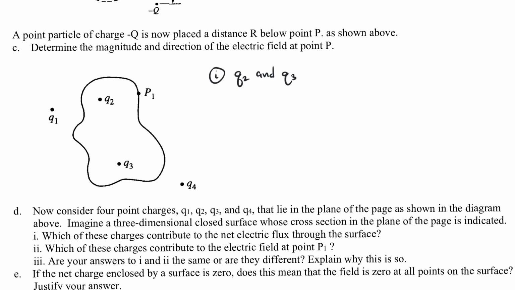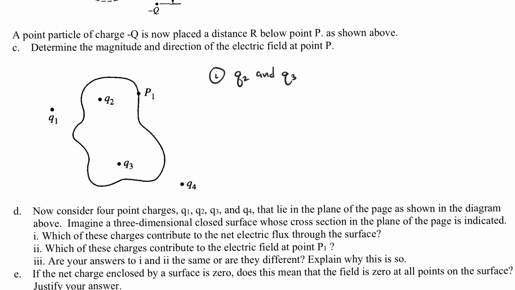Now, the truth is, all of the charges actually affect the flux, but since Q4 is outside the surface, all the flux going into our surface is also exiting our surface. So its total contribution to the net flux is 0.